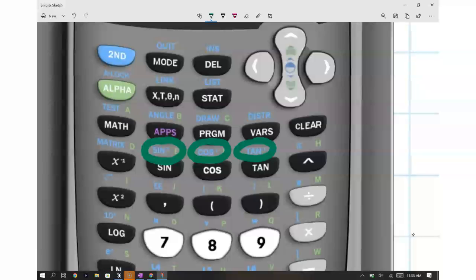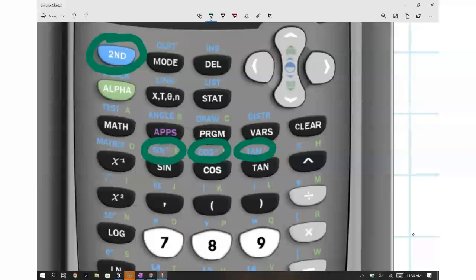In order to activate that on my calculator, I have to press the second function, the button that's in blue, because those things are in blue. On your calculators, it may say second, it might say shift, it might say alpha, it might say third. There's different buttons. Okay, every calculator is a little different. So pay attention to what button it wants you to press in order for you to activate it.